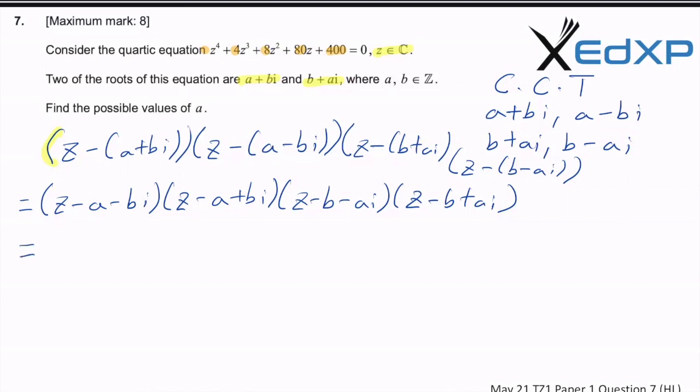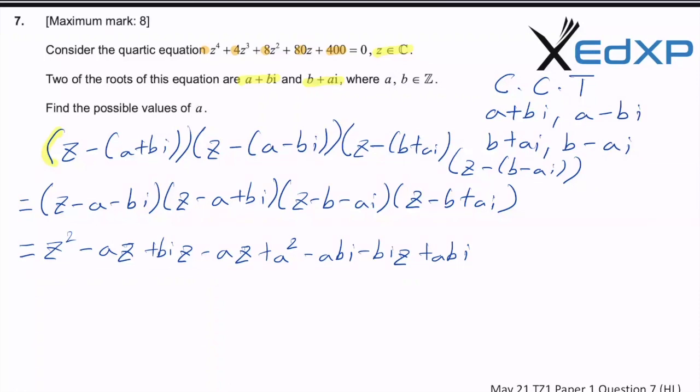If we expand out the first 2 terms, we have z squared minus az plus biz minus az plus a squared minus abi. We have a total of 9 terms, so minus biz plus abi plus b squared. So this will be the first part.